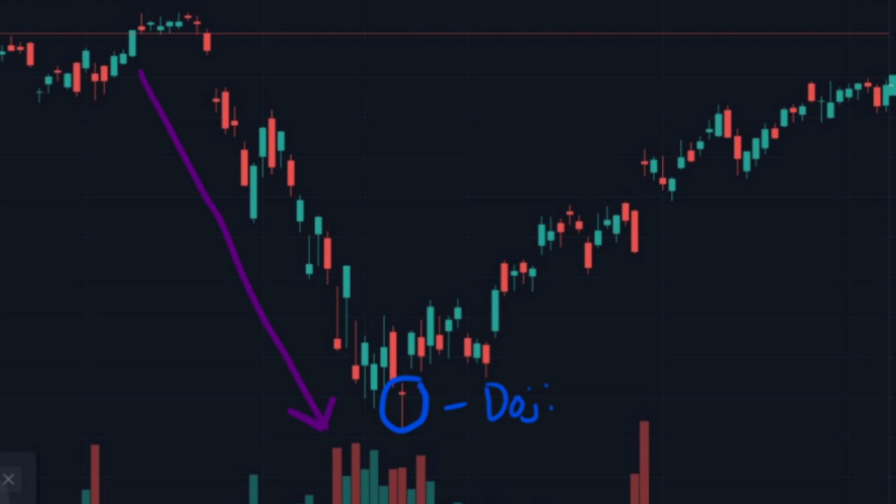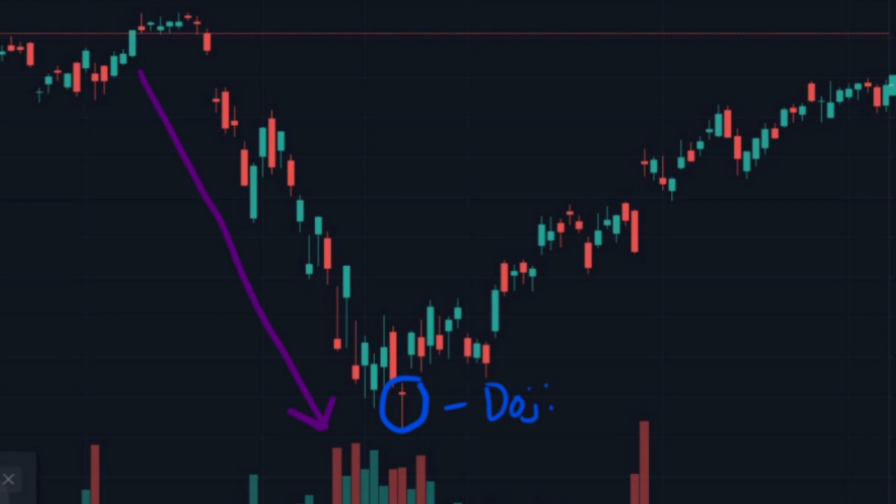And as we have learned in this video, a doji might signal a change of the trend, a change of momentum. The doji is an indecision candle, and this gave an early clue that the bears were losing their negative momentum.